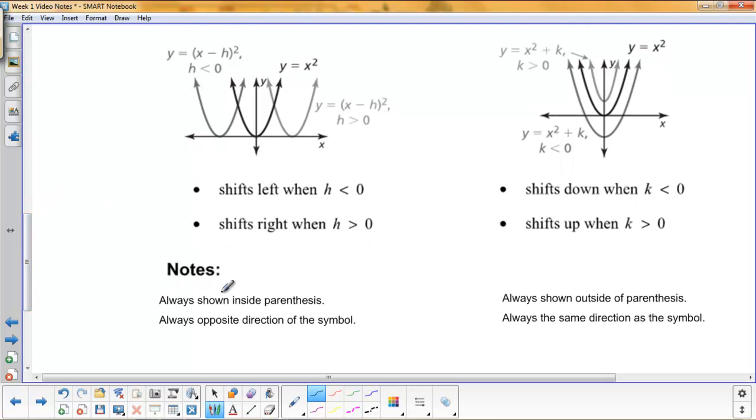It's always shown on the inside of parentheses, and it is always the opposite direction of the symbol. With a vertical translation, it's always going to be outside the parentheses, and it's always going to be the same direction as your symbol.